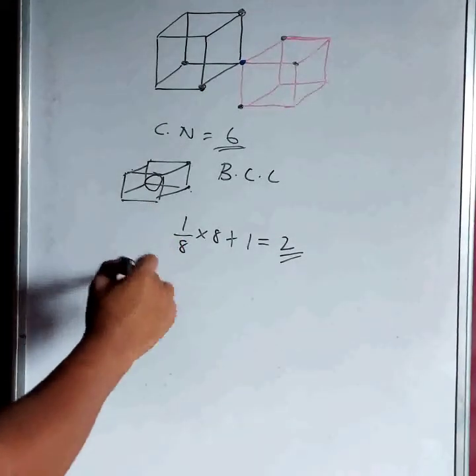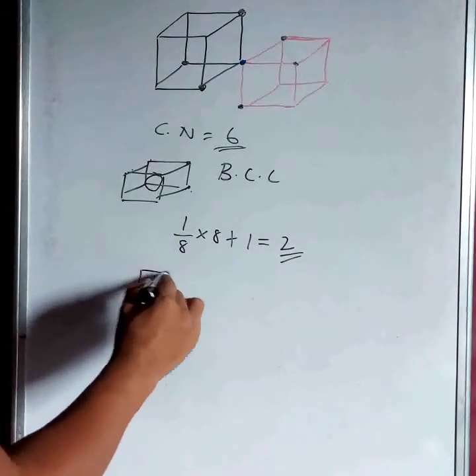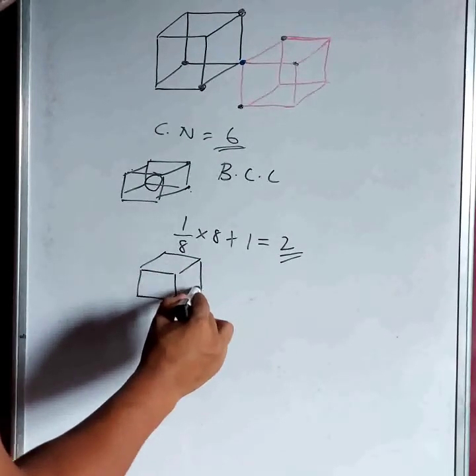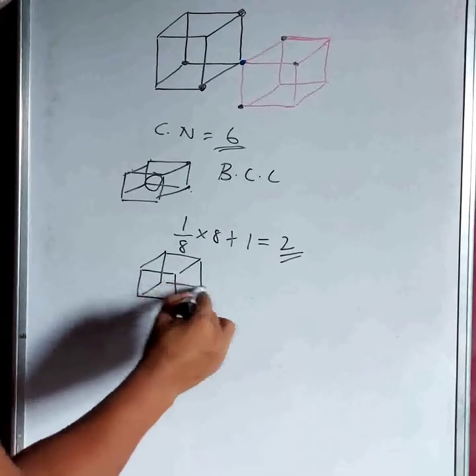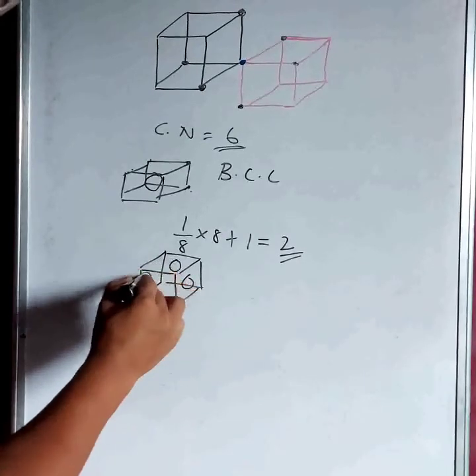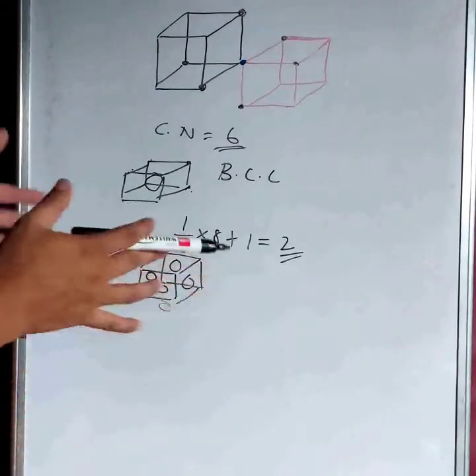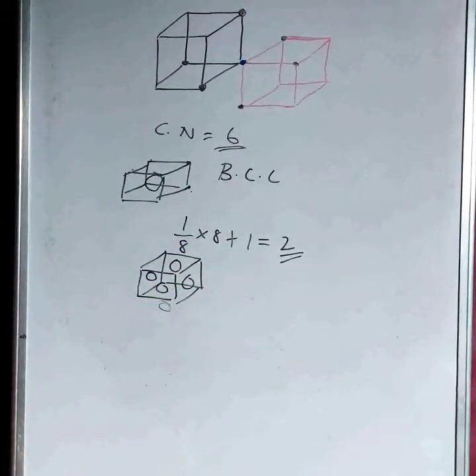And for face-centered, on each face of the cube we have one atom each. So one at the bottom, you try to imagine.